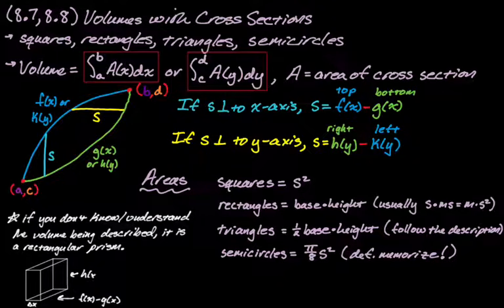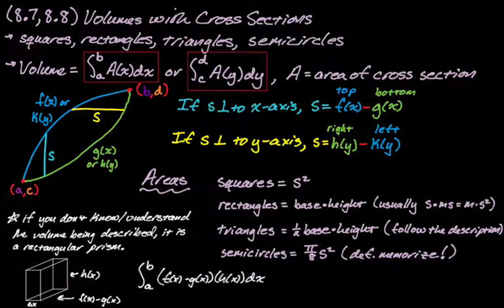That's in the xy plane. And then the height is just going to be something they tell you, h of x. If you do this, the volume of that is just the product of those three things, and then you integrate it. I'm aware this is not the best description. We're going to see one problem where we actually have to do something like this. But if you are confused about what they're describing, they are describing a rectangular prism. Draw the rectangular prism and label things, and then just multiply and integrate.